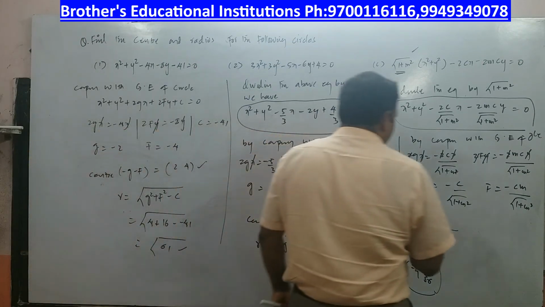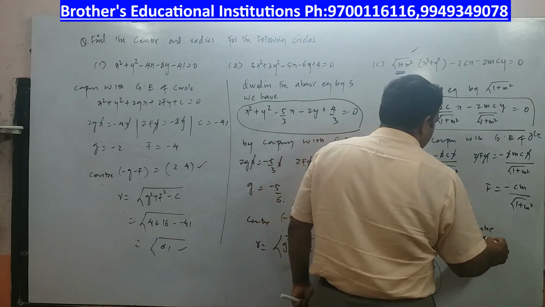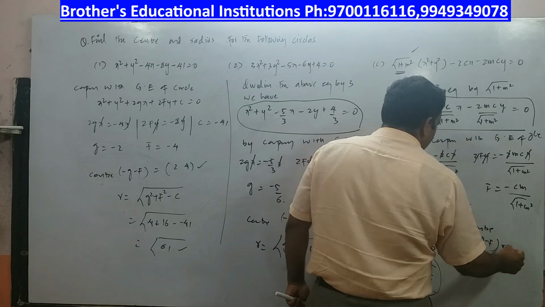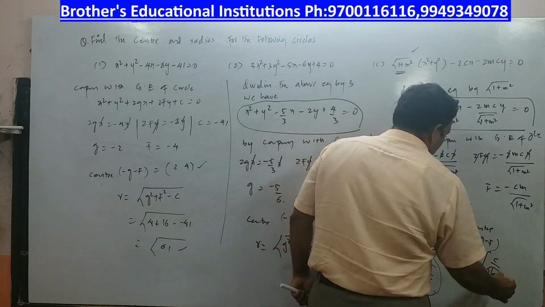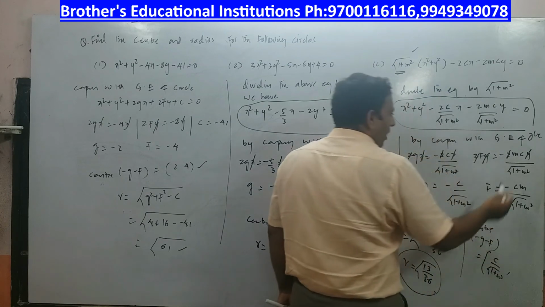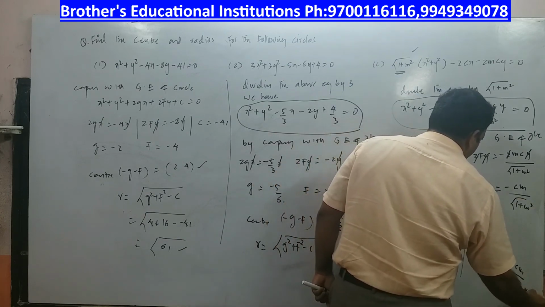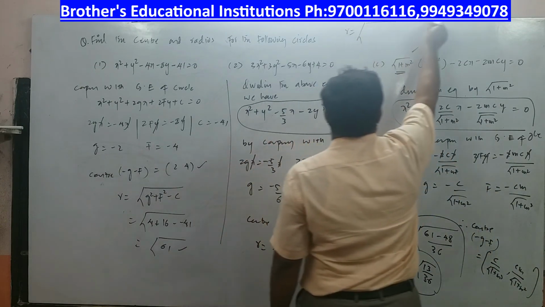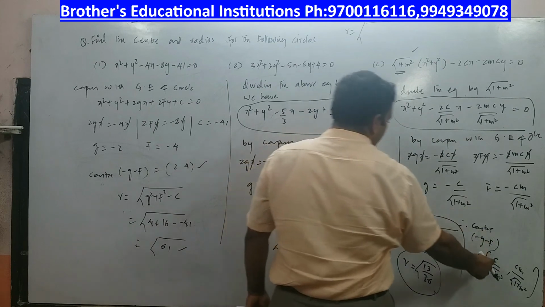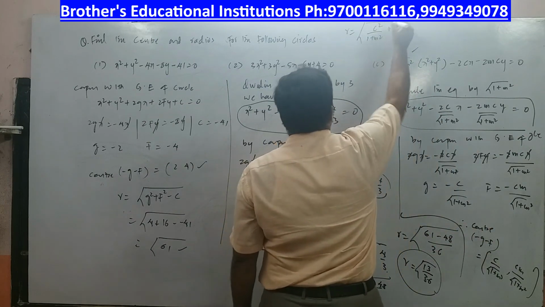So I got the g value, f value. So therefore, what is the center? Center is minus g comma minus f. So how will you write? Minus g means minus of minus c by root 1 plus m square, minus of minus cm by root 1 plus m square. After this, there is one more point left called the radius. How do you find the radius? Under root of g square. G square means you have to square this: c square by 1 plus m square. Plus f square.